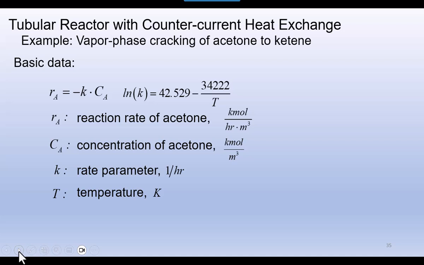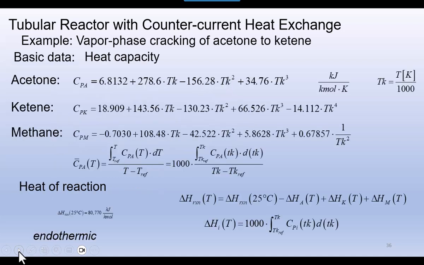So we keep that in mind. And then we've got some other property data where we are able to get this from a source like NIST. And this is the heat capacities of our three components as a function of temperature, where temperature is the temperature in Kelvin scaled by 1,000.